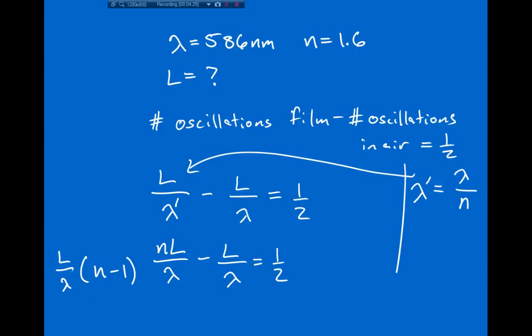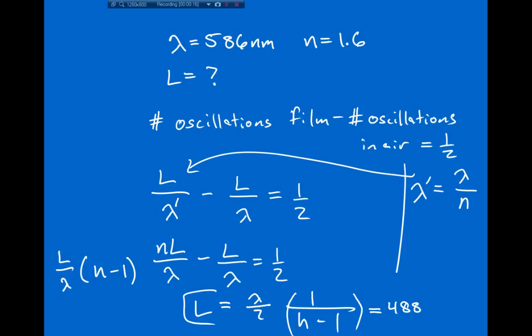And if I solve for that length, L, I see that L is going to be equal to lambda divided by 2 times 1 divided by n minus 1. And if we plug this into a calculator, we can see that the thickness of the film is equal to 488 nanometers. So that is the thinnest film that'll cause a 1/2 of a wavelength phase shift between these two waves.